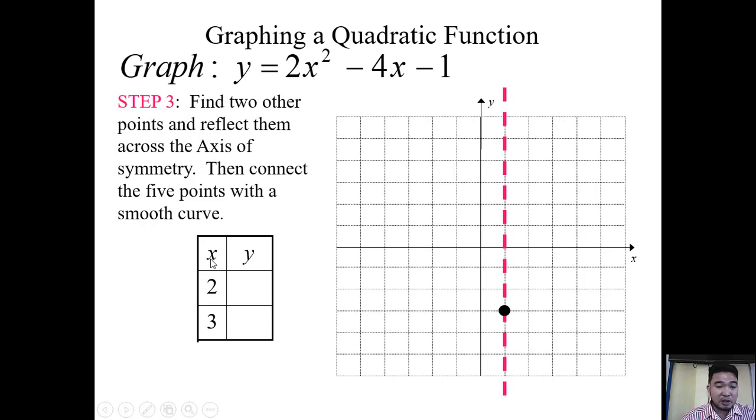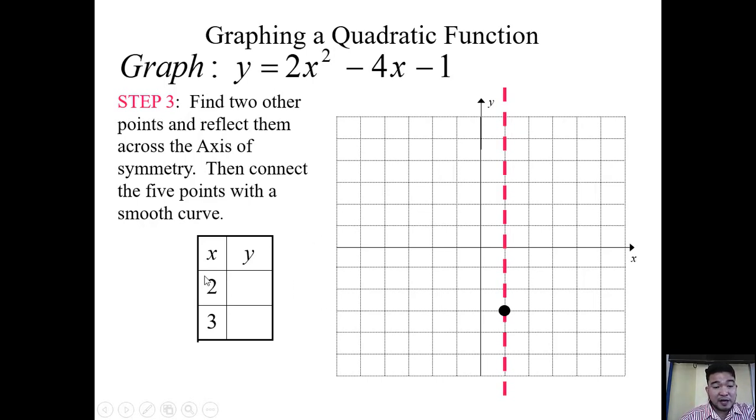So let us solve for the value of y using the assigned values to x. By the way, you may also choose values at the left side of the axis of symmetry. You may choose negative 0 or negative 1. So it's up to you. By the way, you will just arrive at the same graph.